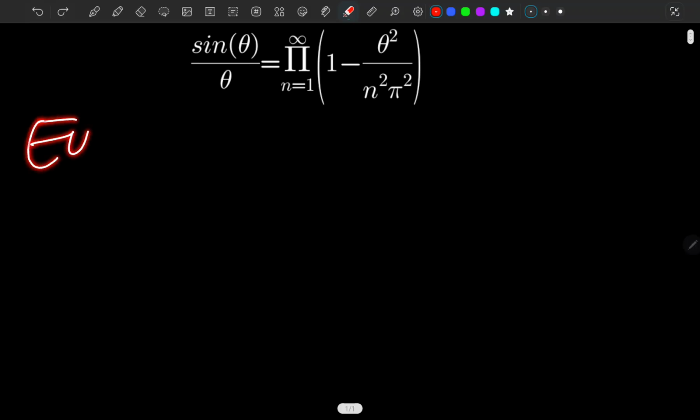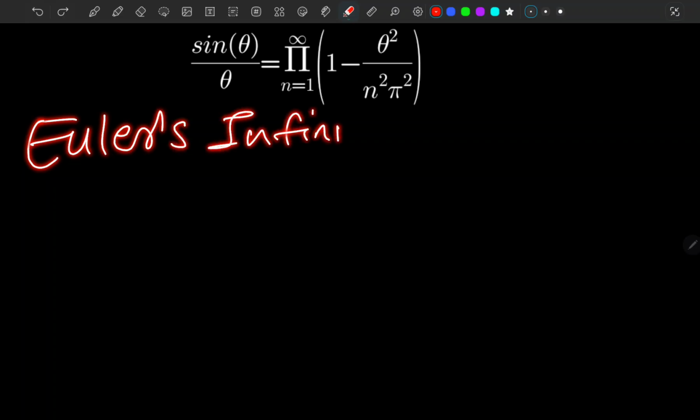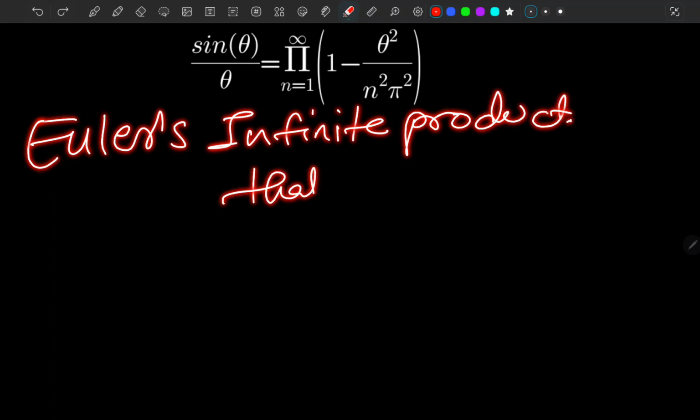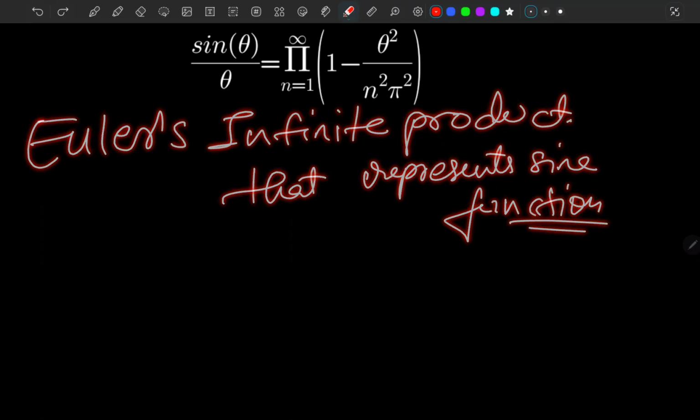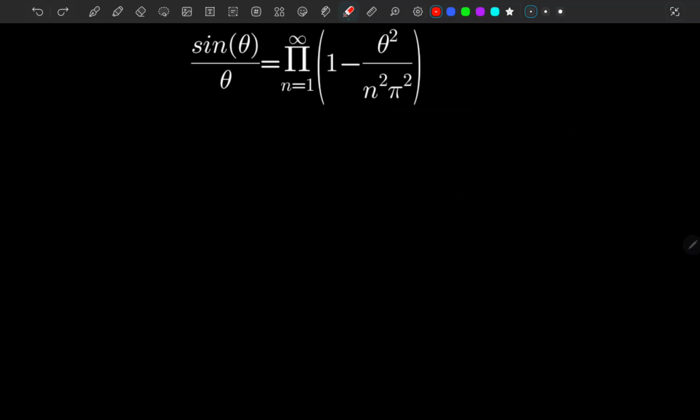This is Euler's infinite product that represents the sine function. It is really difficult to prove, but still we will do this today.